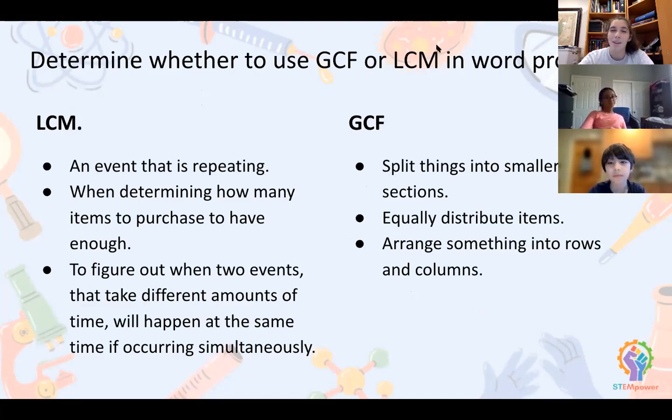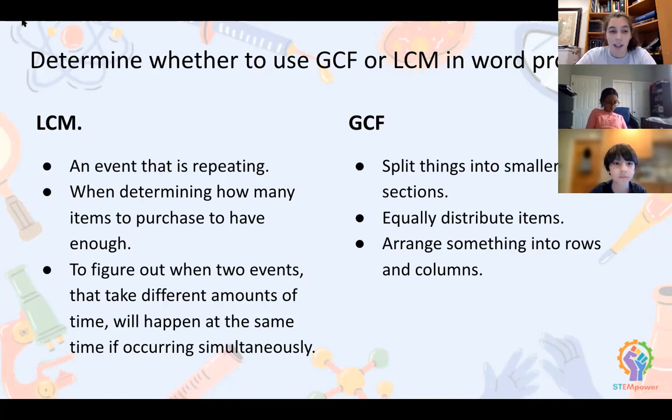In word problems, you have to figure out whether you're supposed to use the greatest common factor or the least common multiple of numbers. So least common multiple will be for an event that is repeating or happening multiple times, or determining how many items to purchase to have enough for a certain event that you are planning.